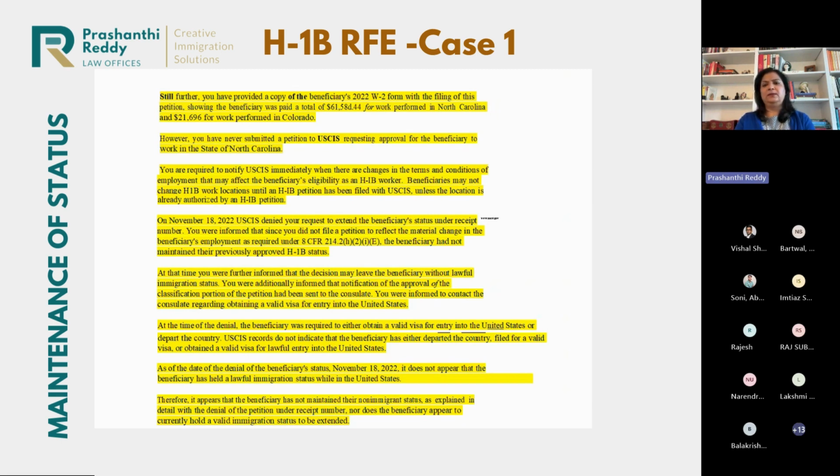So they denied the entire petition, and now the beneficiary left the country and is hoping to refile. And we're hoping there's no unlawful presence issue here because there was an I-94 based on which he worked, even though he shouldn't have, because after that he moved to different locations and he still worked on the previous LCA petition. So that's how we dealt with it.